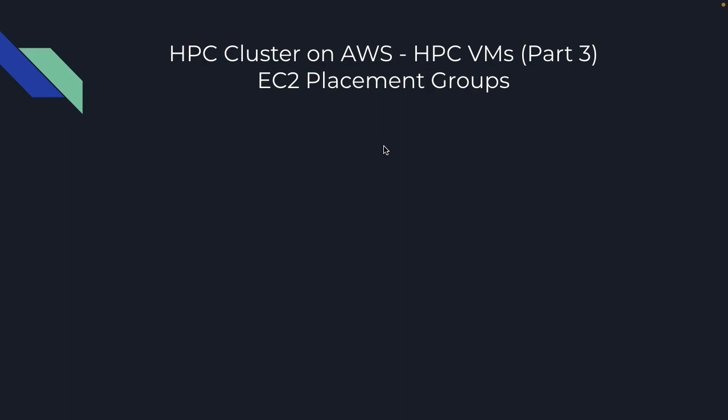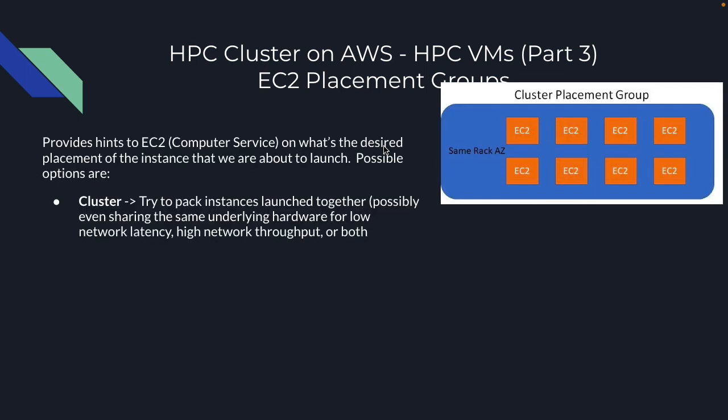So we have one feature called EC2 placement groups. There are three options. The one that we really care about is the first one. But essentially, that's a parameter on the API that you can specify to the EC2 service what you want the EC2 service to take into consideration when finding the place to place your instance when you launch it, right?